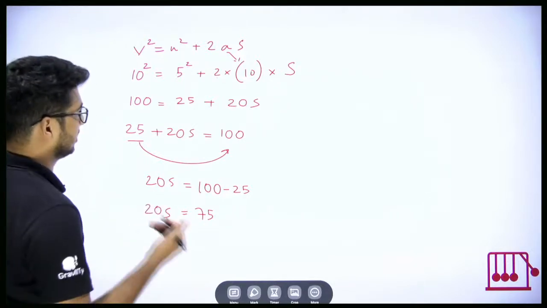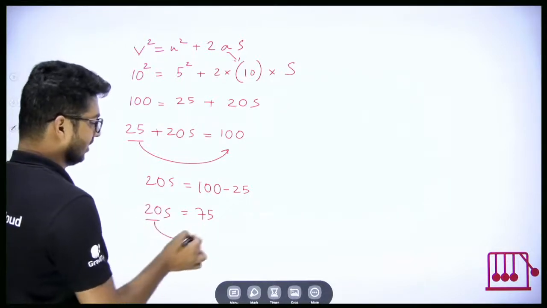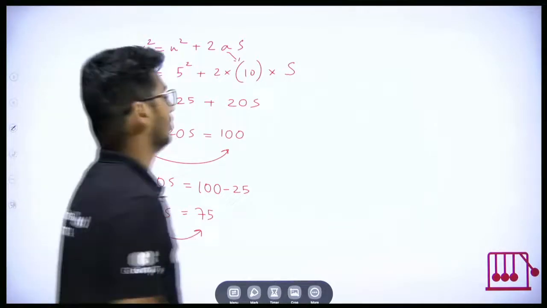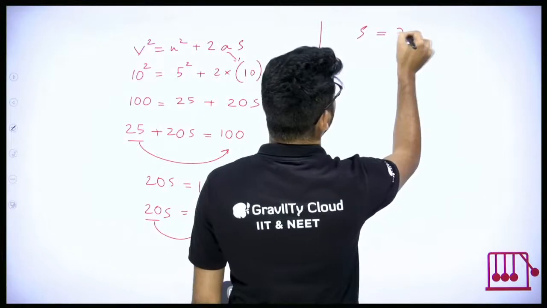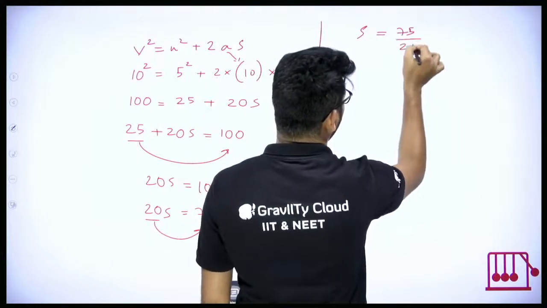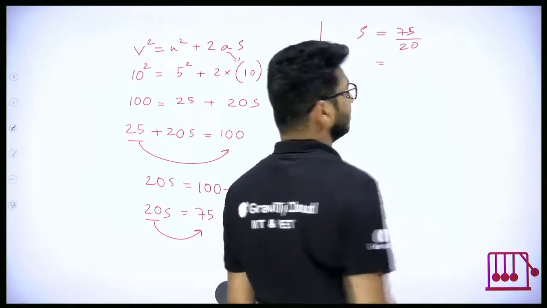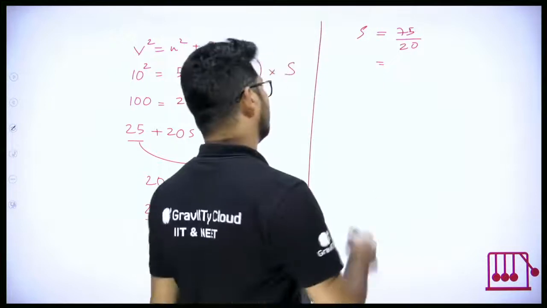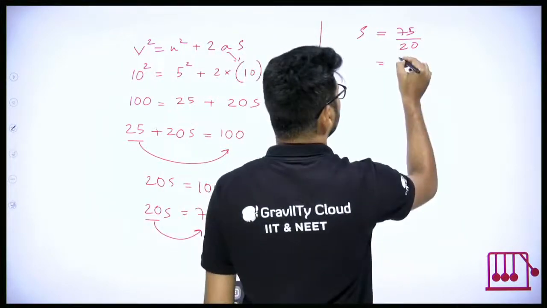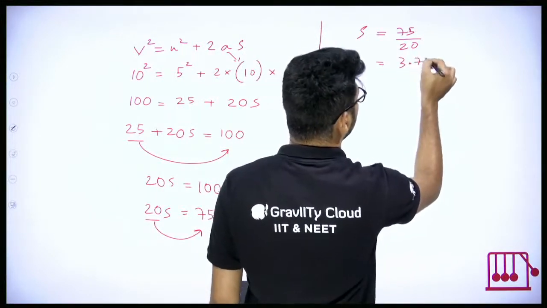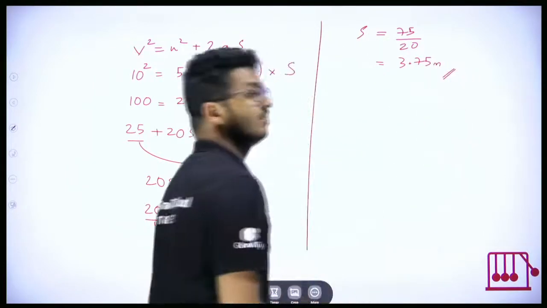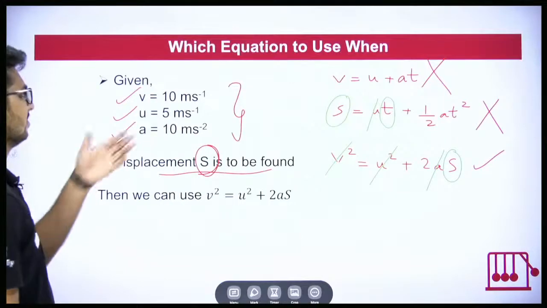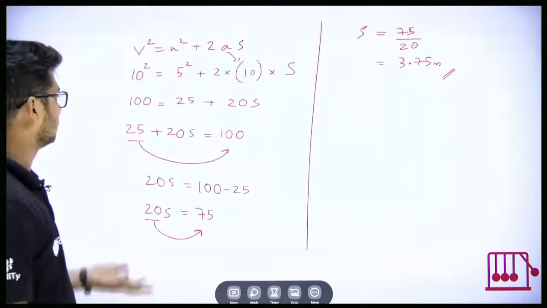Then this 20 you will take to the other side. 20 here is multiplication. If you take it there, it becomes division. S is equal to 75 by 20. That's it. That is the answer. It is 3.75. S is displacement, the units are meters, SI units, because everything is in SI units.